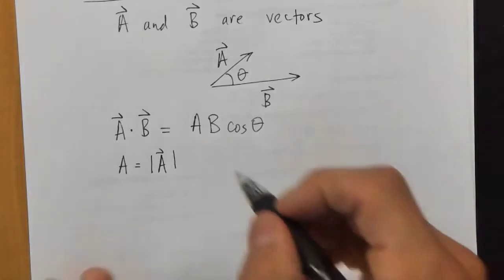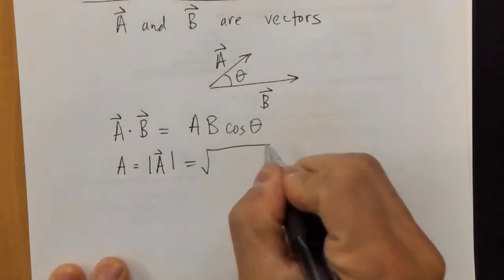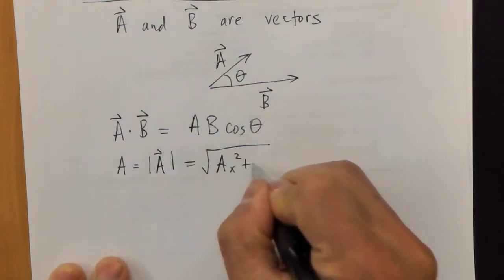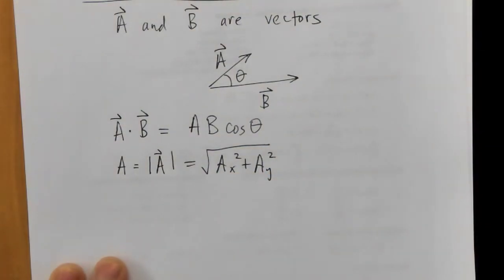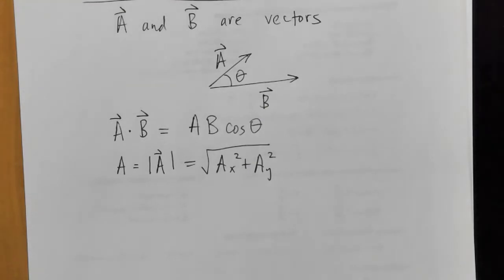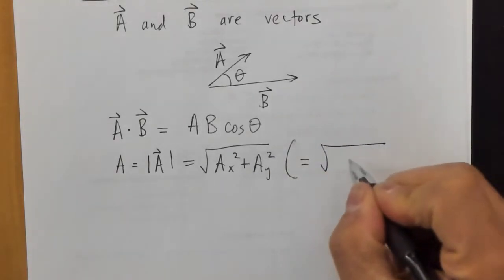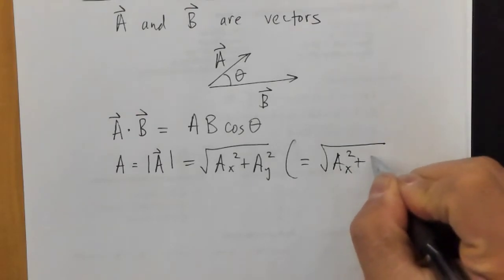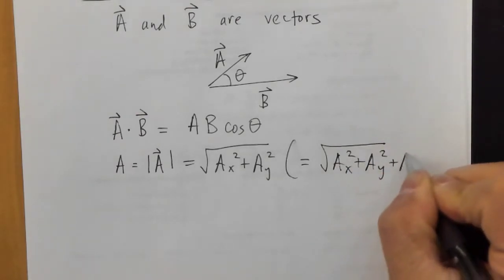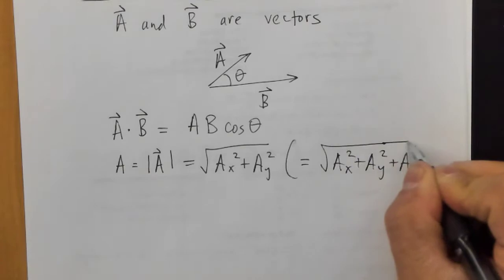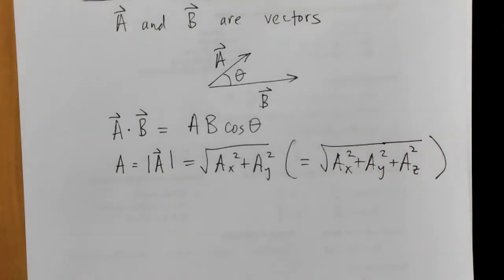In your homework, they start to give you things in 3 dimensions instead of just 2. In 3 dimensions it goes AX squared plus AY squared plus AZ squared. You sneak another one in there. You can probably guess that with 4 dimensions, you put another one in as well.